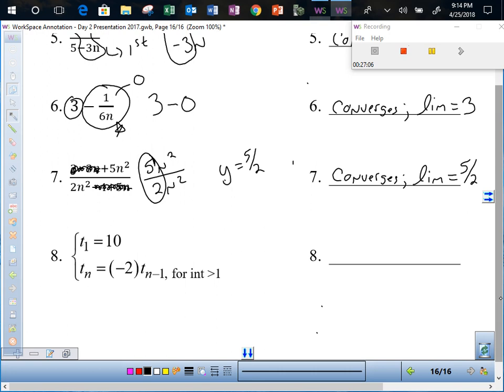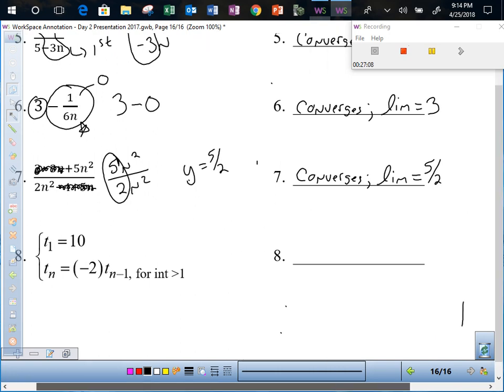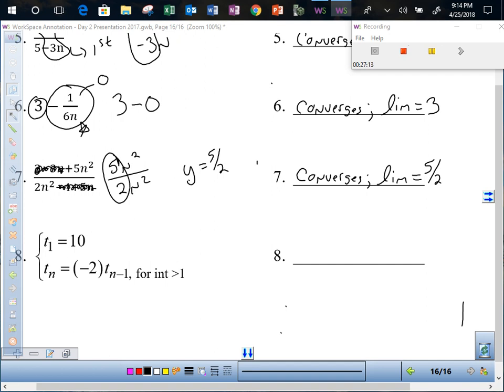Here goes my last one. We're going to tell you that the very first term is 10. The next term can be found by -2 times the previous term. So this is a recursive formula. So I'm going to have 10 for my first term. To get my second term, I'm going to multiply my first term by -2 and get -20. Let's multiply by -2 again and get 40.